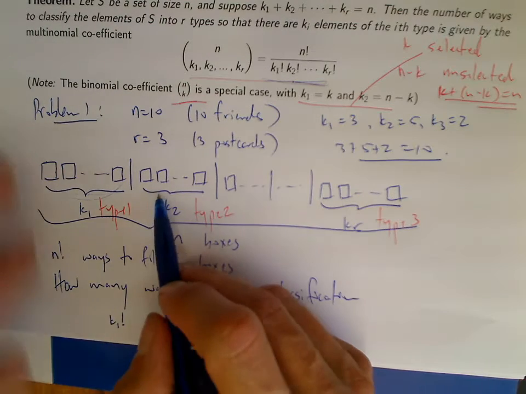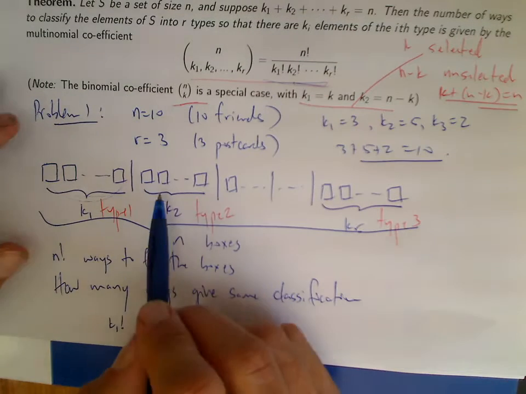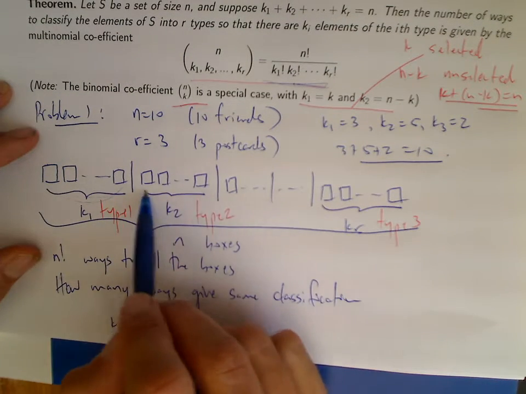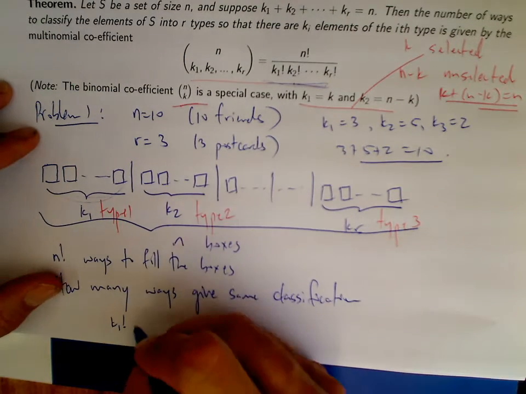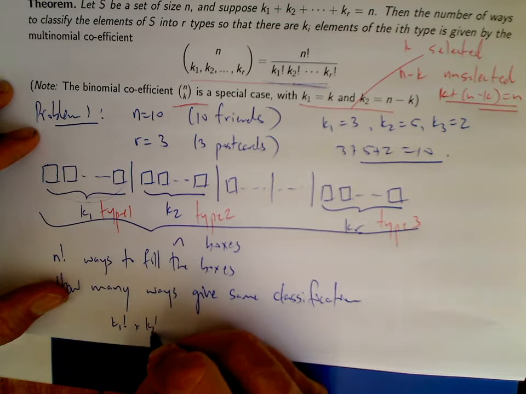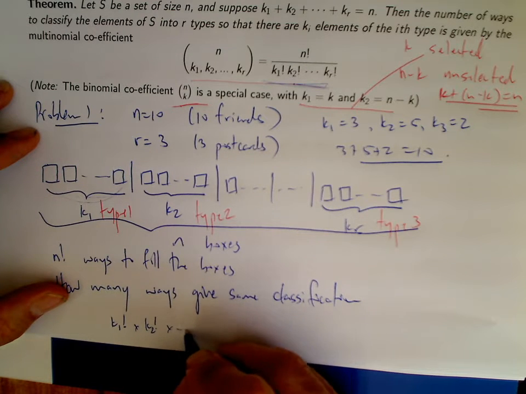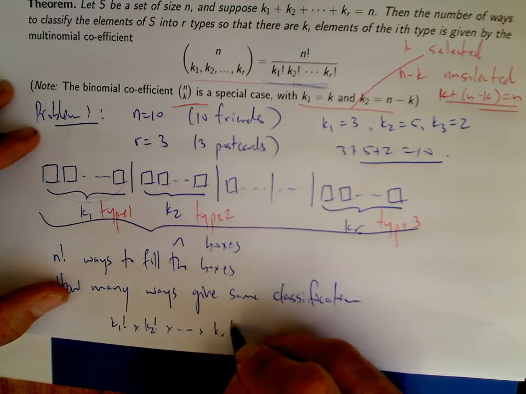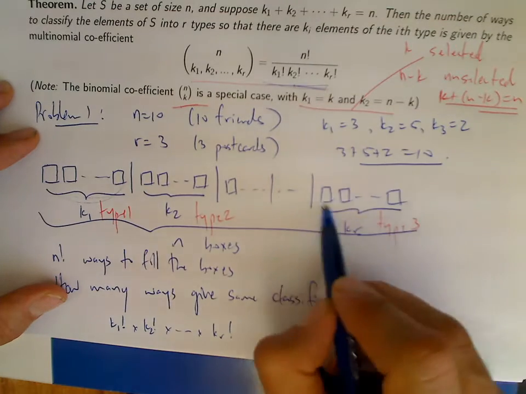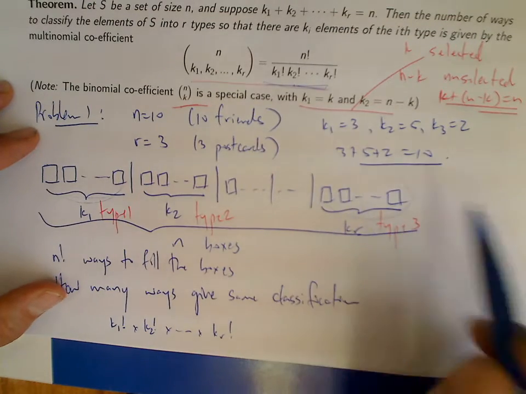And then there's k2 factorial ways to scramble the things that we put in these boxes, and so on up to kr factorial. So that's the number of ways that I can scramble the things that I put in here.